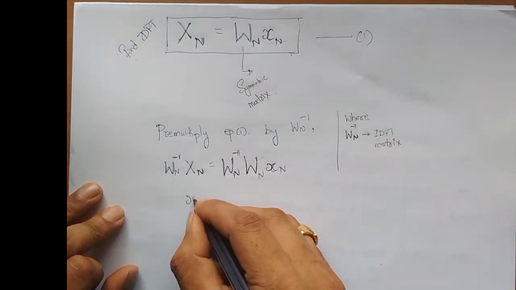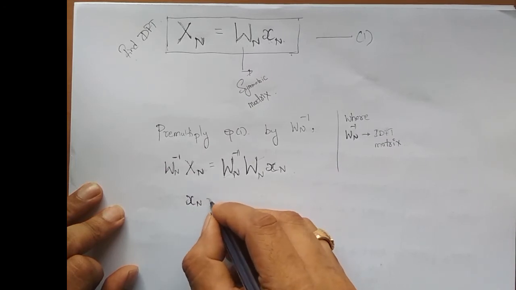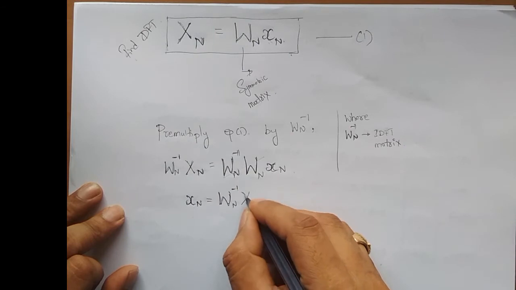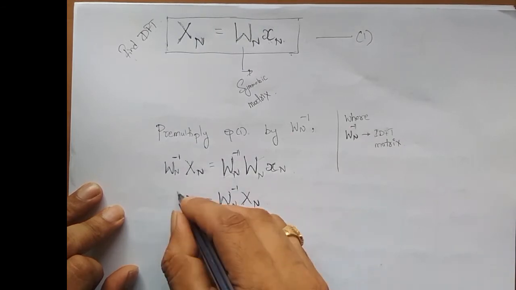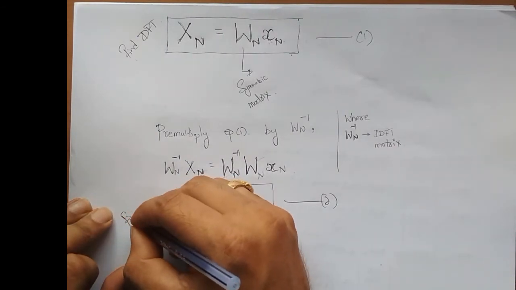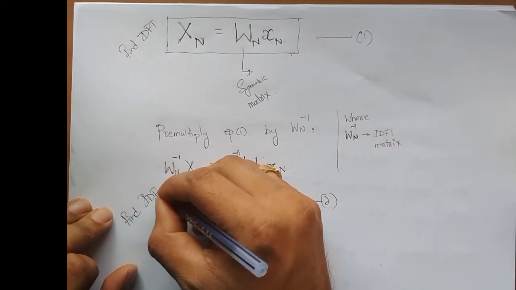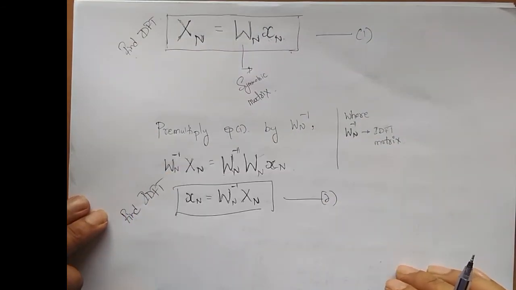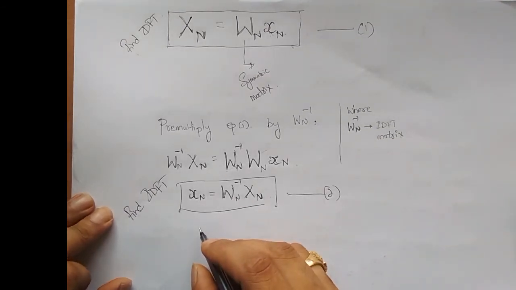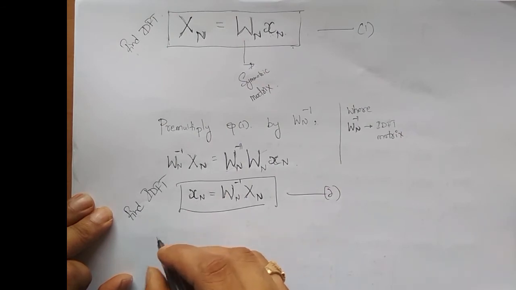I end up with xn is equal to Wn power minus 1 into capital Xn. Now this equation 2 can be used to find IDFT.